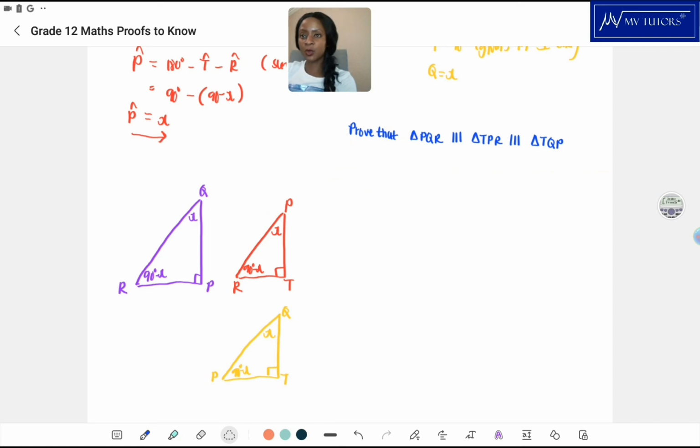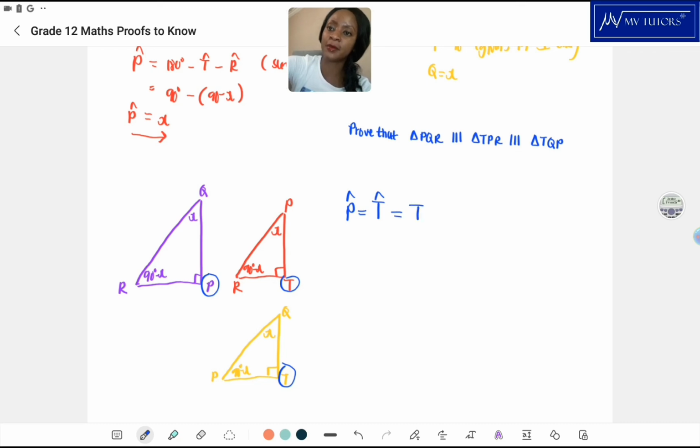So I'm going to start with P. In triangle PQR, I know that P is equal to T, which is equal to T, and all of them are equal to 90. So I have the P, I have the T, I have the T.